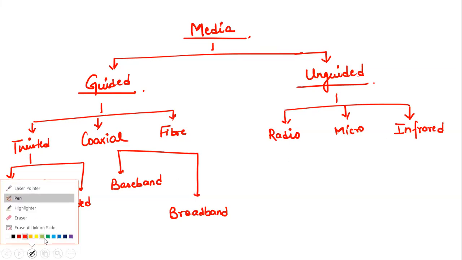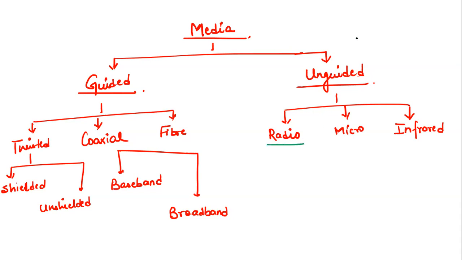ठीक है. सो अगर कोई टेल मी रेडियो वेव्स की फ्रीक्वेंसी क्या है? करेक्ट, 3 किलोहर्ट्ज टू 1 गीगाहर्ट्ज. ठीक है, माइक्रो की क्या है? 1 gigahertz to 300 gigahertz. करेक्ट.